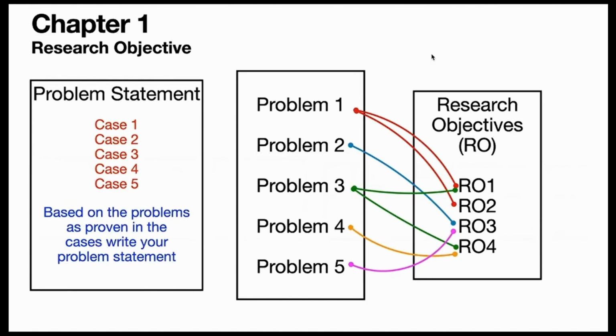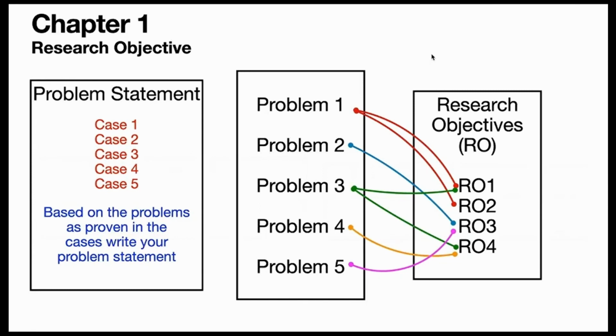In other words, let's say for example, research objective RO1 belongs to problem 1. If I read your research project, for example your master's project or any research paper, I will check coherency before going deeper into the content. If you build up case 1, make sure case 1 is related to RO1, and case 1 will also be related to problem 1.